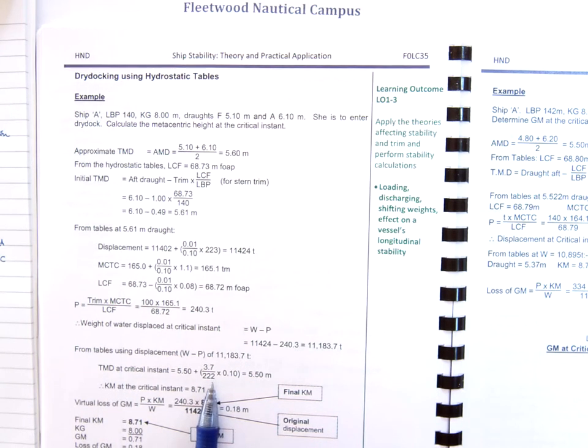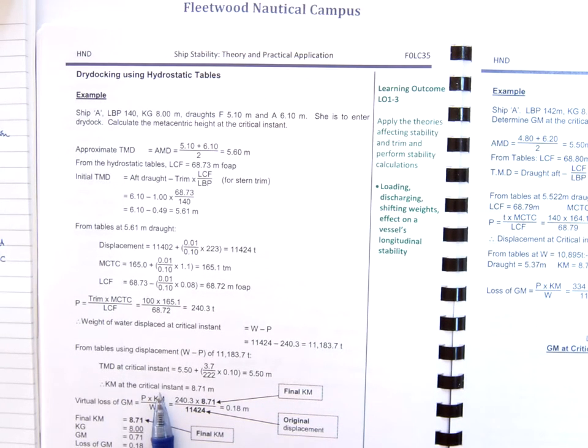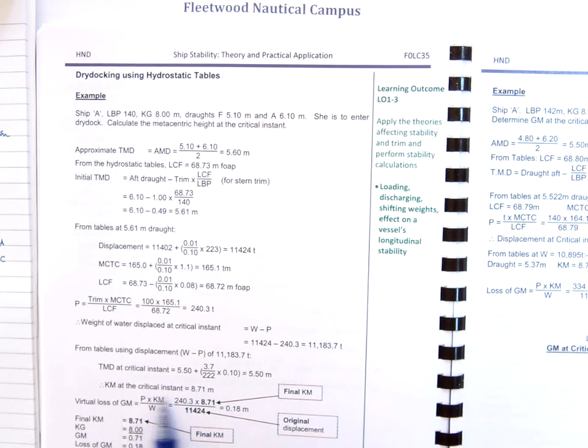With that true mean draft, we can look up our KM. The KM doesn't change because of a loss of weight, because our weight's still the same. The reason the KM changes is because our draft has changed. So our true mean draft at the critical instant, 5.5, KM now is 8.71.